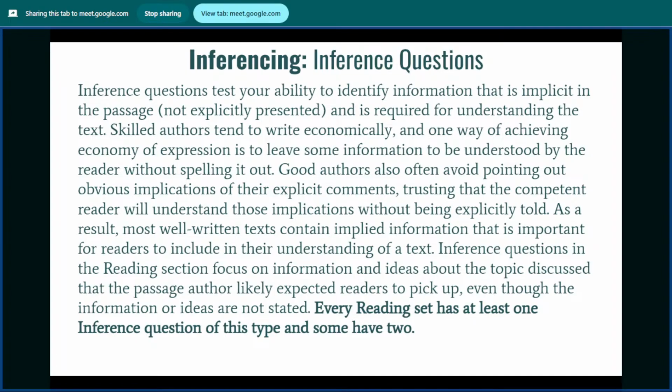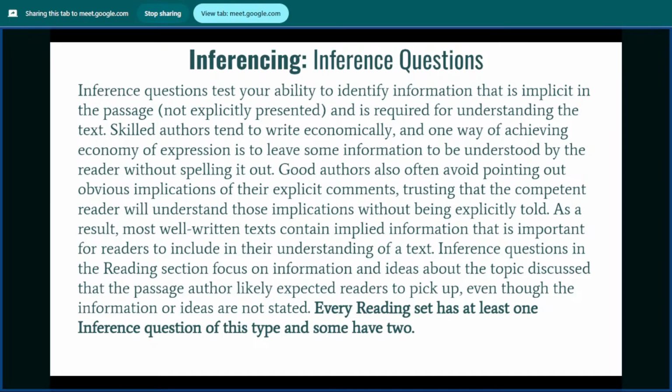For example, say you're going out and you see outside that it is cloudy. What will you do? Take the umbrella. Exactly. Did anyone tell you to take the umbrella with you? No. That is the meaning that you took out of it. That's what we mean by inference based questions.